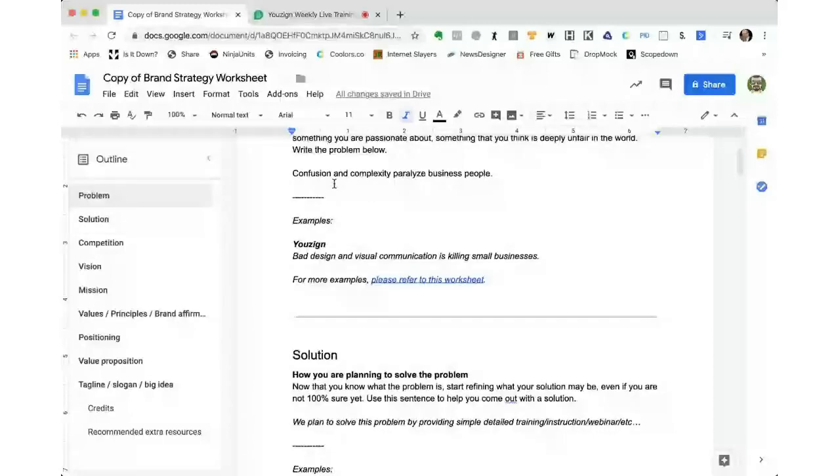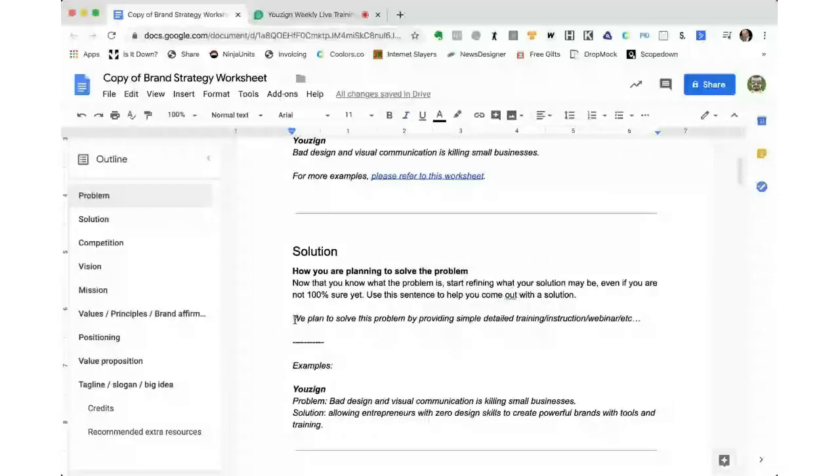I understand what the problem is. Here, I've identified the problem. The problem was confusion and complexity paralyzes people. We plan to solve this problem by providing simple, detailed instruction, webinars, etc. Okay?